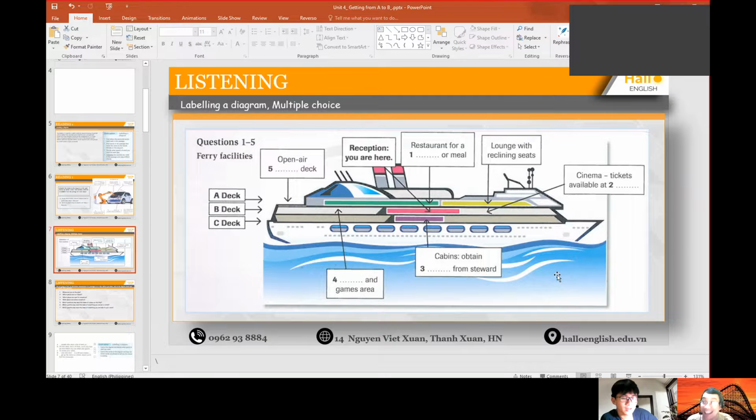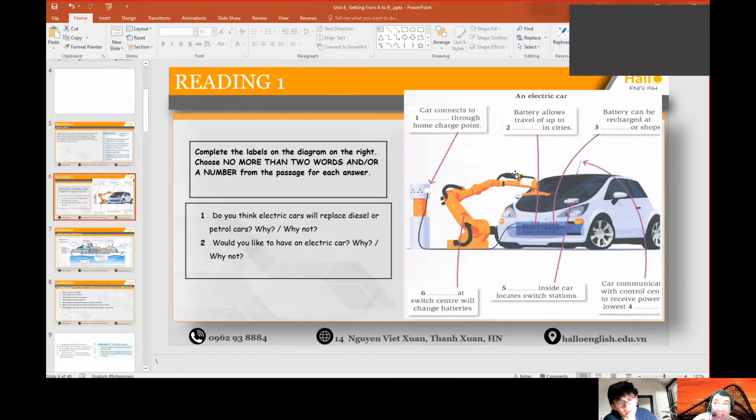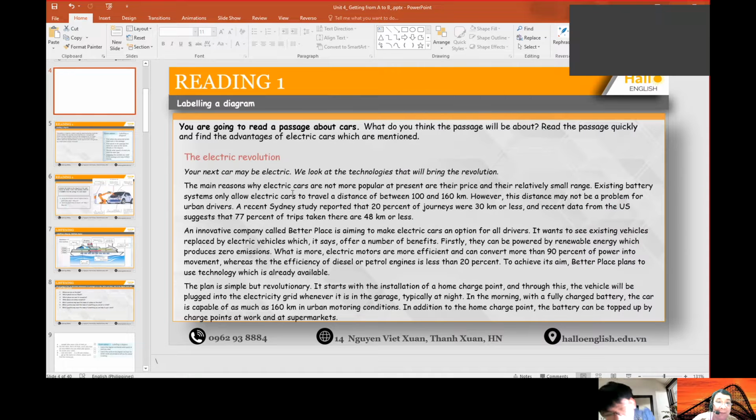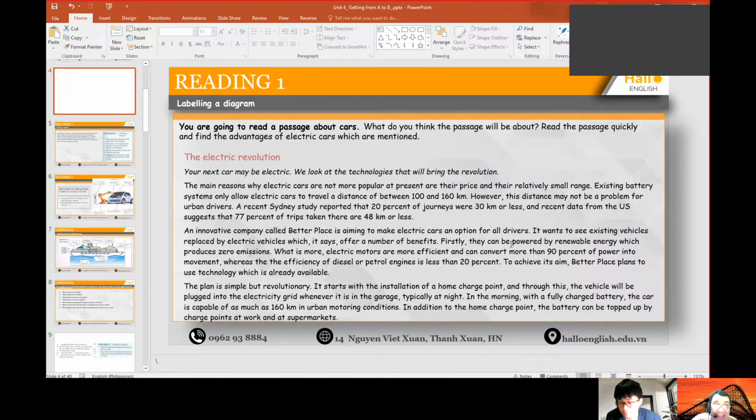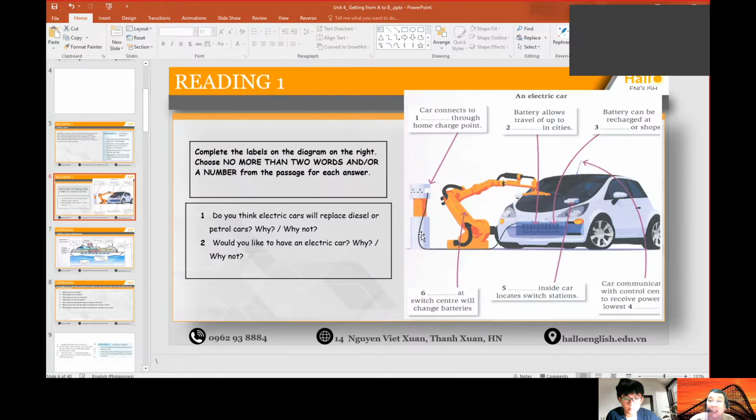This one is very easy. Sometimes if you have a passage and you are going to label from it, it's going to be difficult.